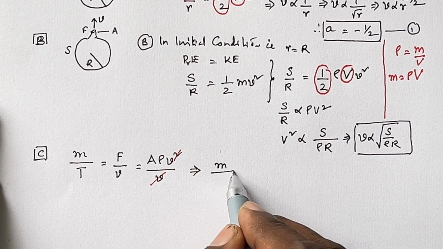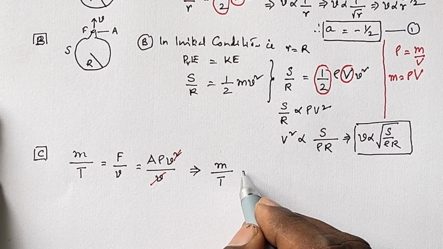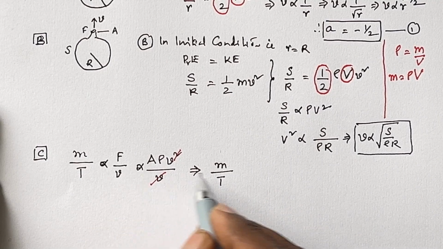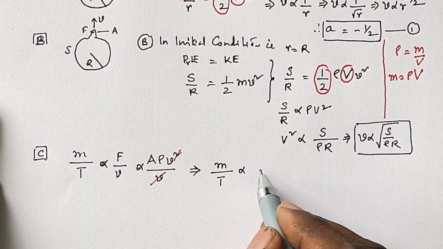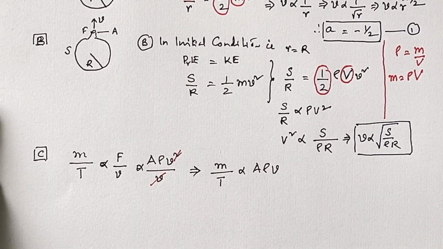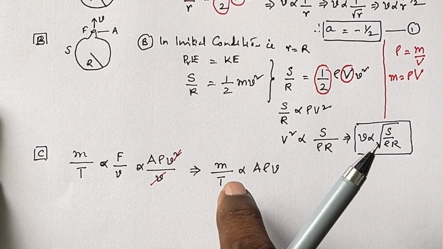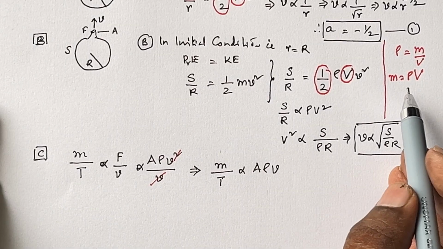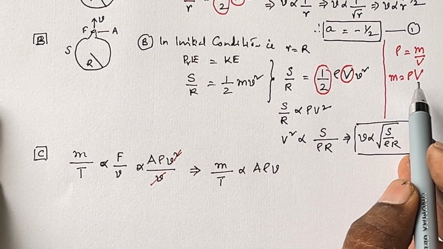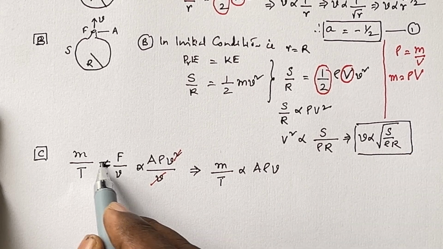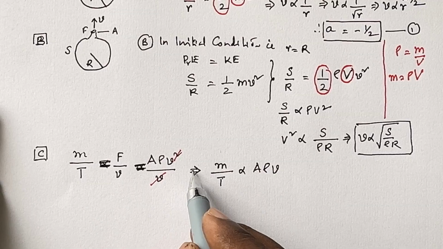The mass of air coming out of the small opening is proportional to A rho V. Here the mass of the gas is not given, so in place of mass we have taken rho and volume V. I will take equals only, because there are no constants.